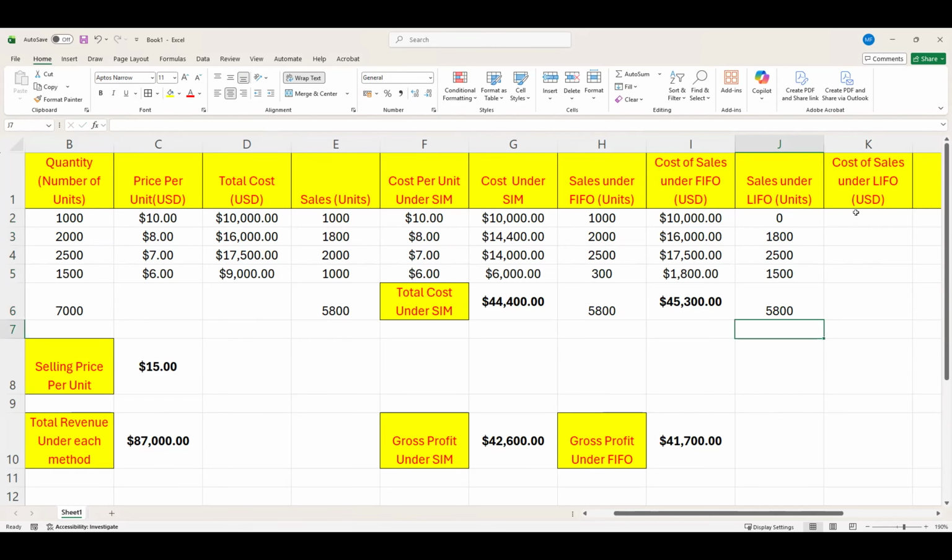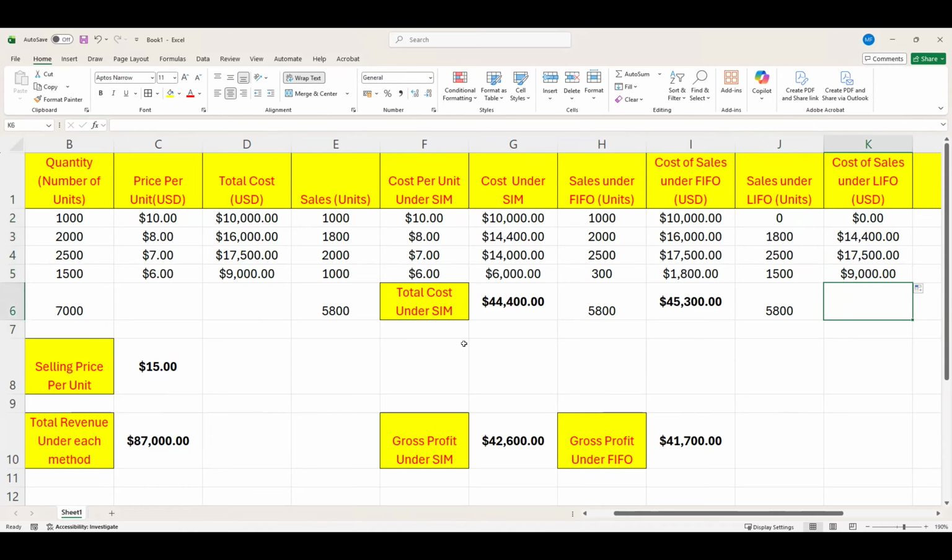Now let's come to cost of sales. Again, I need to multiply the sales by the unit price. The price per unit is the same. So 0, and then I drag it. So this is the cost of sales under LIFO. And what will be the total cost under this LIFO method?